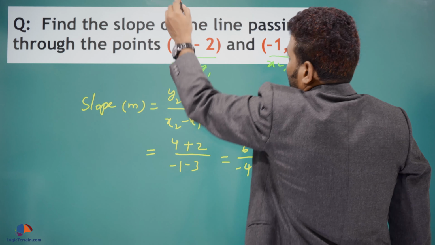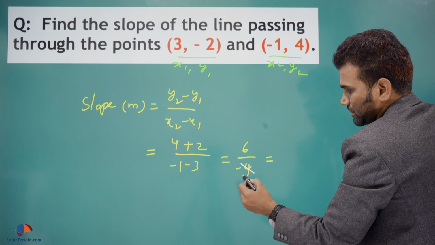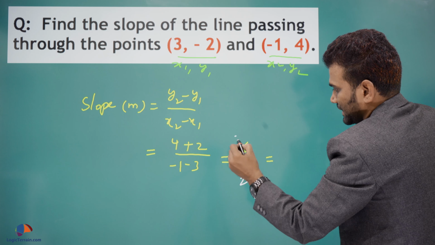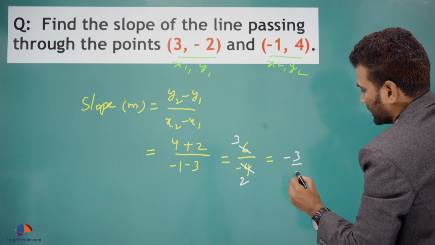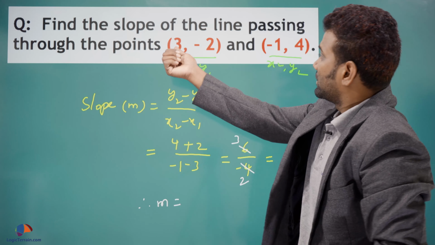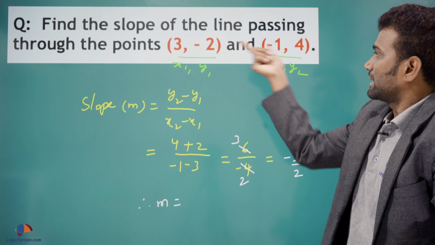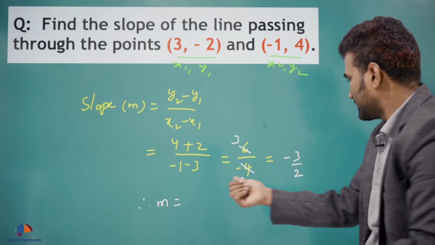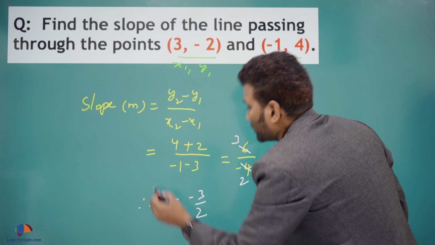Here again both numerator and denominator are divisible by 2, so 2 twos are 2, 2 threes are 6, then we get negative 3 upon 2. Therefore the slope of the line having these points on it is negative 3 upon 2.